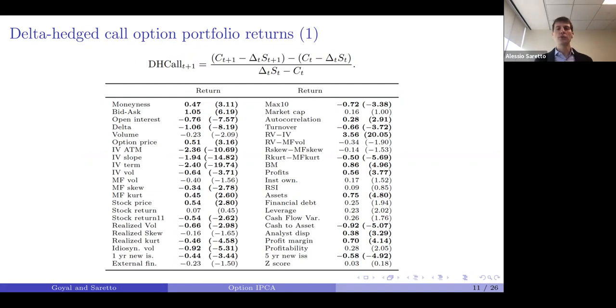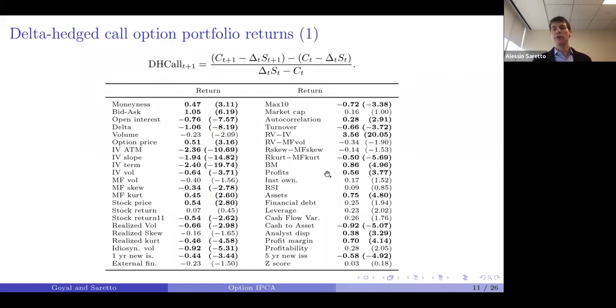Those are 10-1 portfolios, which are not going to be the test assets. Our test assets are slightly different, but they are the type of characteristics that we use. We just print 10-1 portfolios because people are used to that.